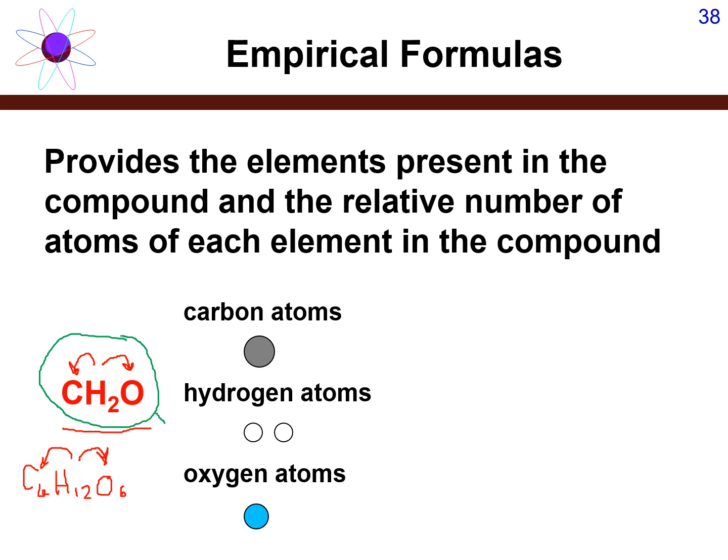It's actually a reduced version of this. If you take these subscripts, 6, 12, and 6, and reduce them, you can divide them all by 6. You would get CH2, because 12 divided by 6 is 2, which is going to be your empirical formula, EF.